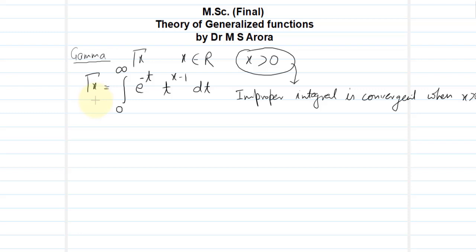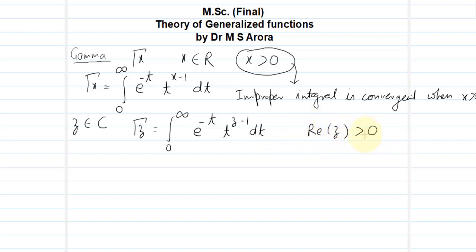Now we extend this definition of gamma function to complex numbers also. Suppose z is a complex number, then in the same way we define the gamma function of z as the integral from 0 to infinity, again e to the power minus t, but this time t to the power z minus 1 dt, where the condition now becomes real part of z greater than 0.